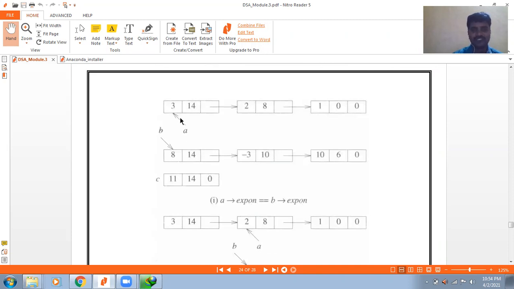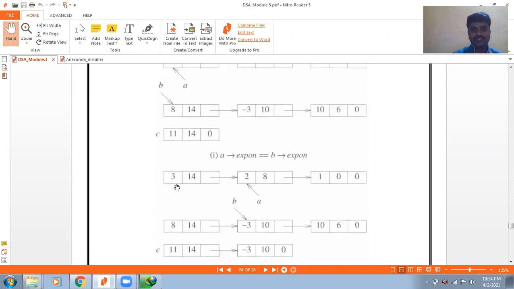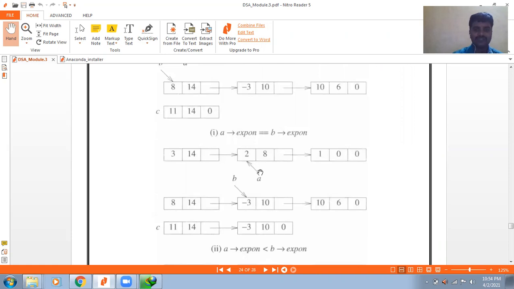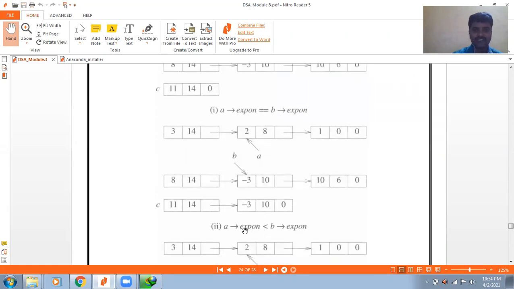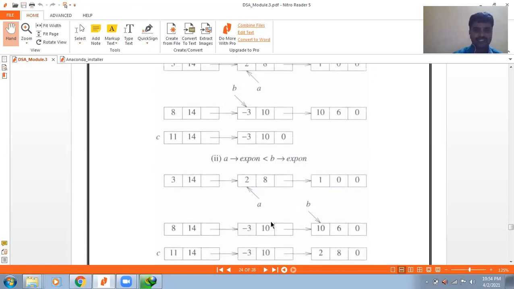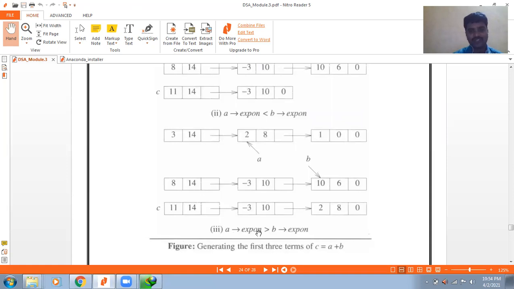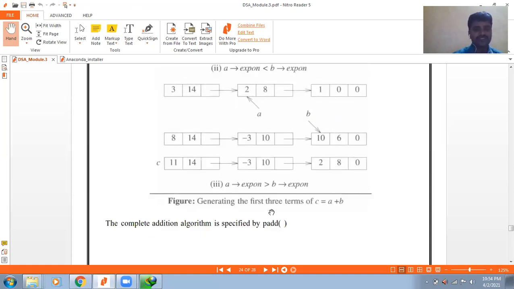The a exponent is equal to the b exponent, so the same thing happens. In the next case the a exponent is less than the b exponent, and in the second condition the a exponent is greater than the b exponent. So this generates the first three terms of c = a + b.